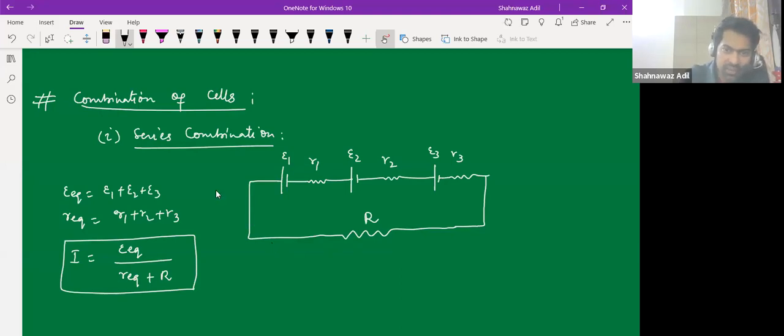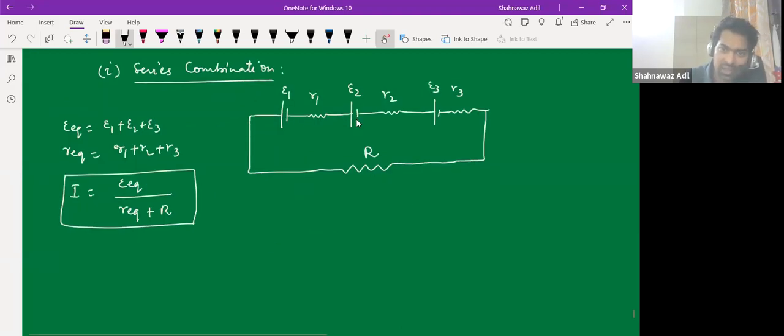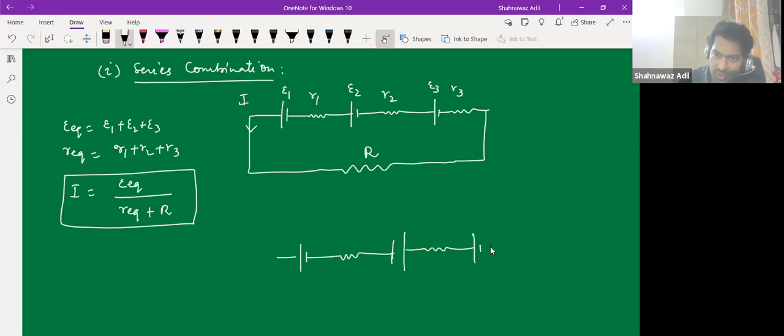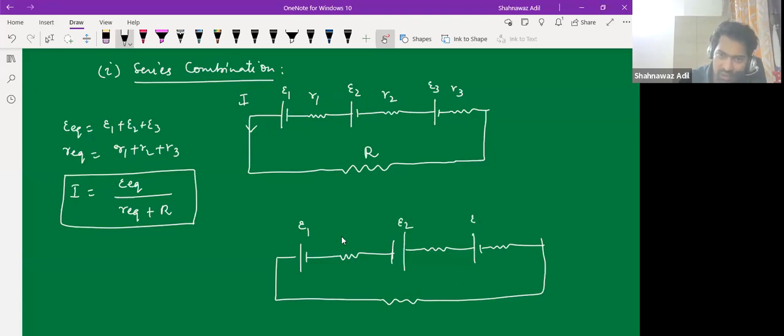And let's say the polarity is changed. Let's say this EMF is connected in the opposite way. This is E1, this is E2, this is E3, and this is R1, R2, R3.